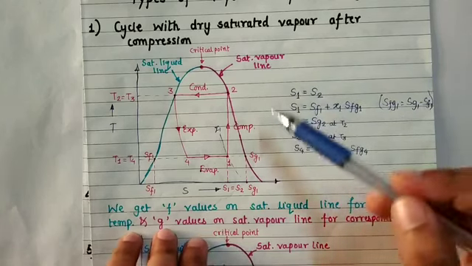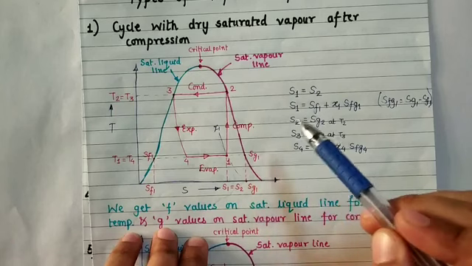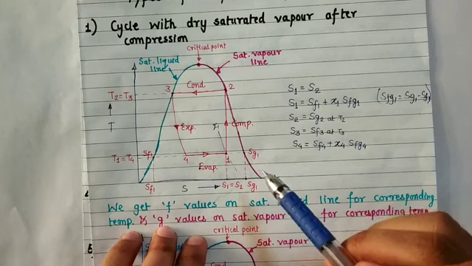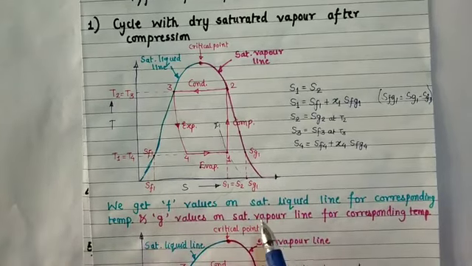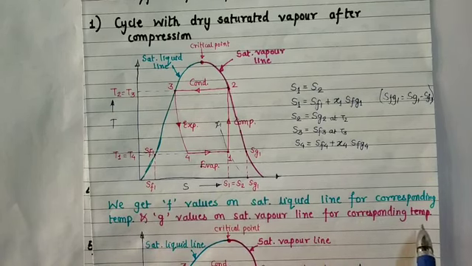So this is how we represented the VCRS wherein the condition was dry saturated vapor after compression on TS diagram. Now I have written a note that we get F values on saturated liquid line for corresponding temperature and G values on saturated vapor line for corresponding temperature.